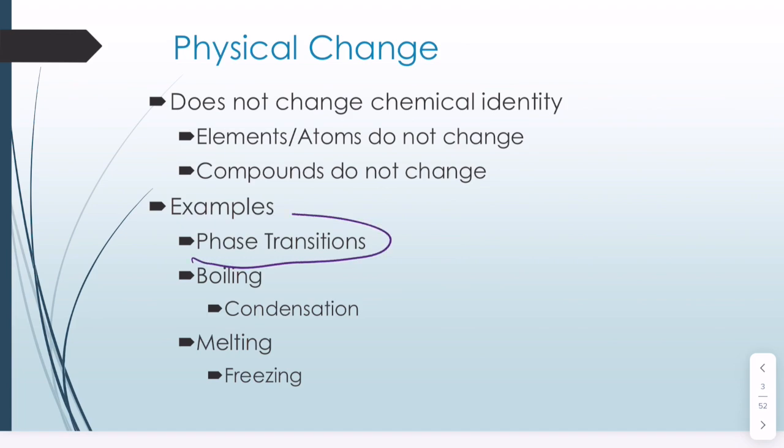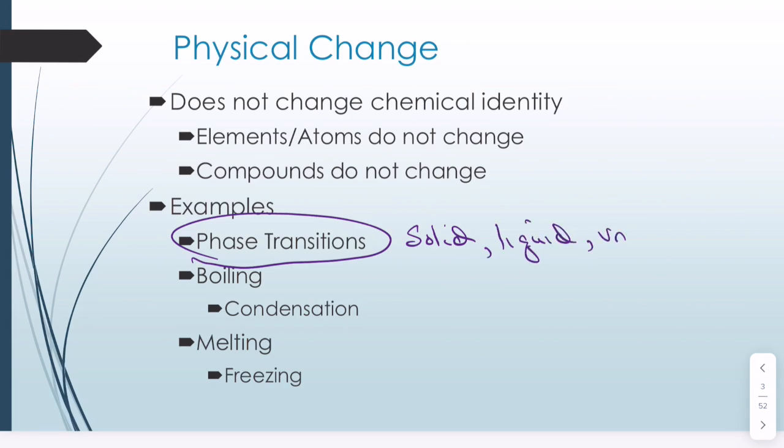Phase transitions correspond to changes where it is the same substance, but we're undergoing a change in phase like solid and liquid and vapor. So phases are solid, liquid, vapor.